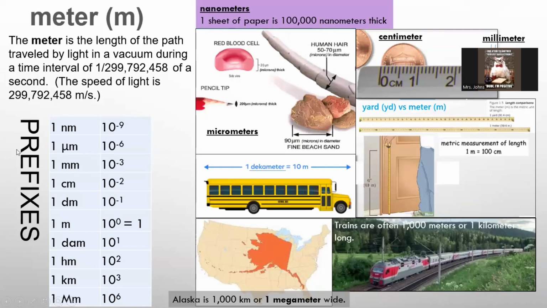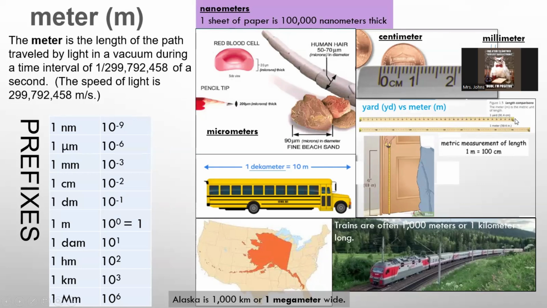Here are our prefixes again, and this page is just about the different prefixes of meters, to become more familiar with what sizes each thing is. Over here is a meter stick on the bottom with a yardstick on the top.